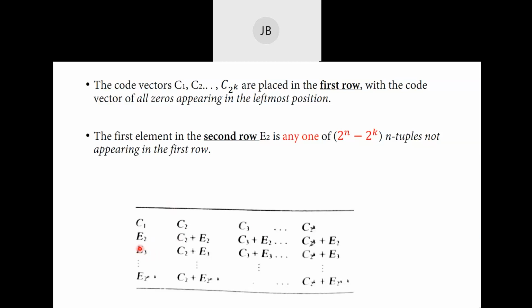E3 is again a tuple which is not appearing before. An unused n tuple E3 is chosen to begin the third row. Similarly, E4 is another n tuple which is not used anywhere before, and so on. We go up to 2 power n minus k rows. This is how we write the table.